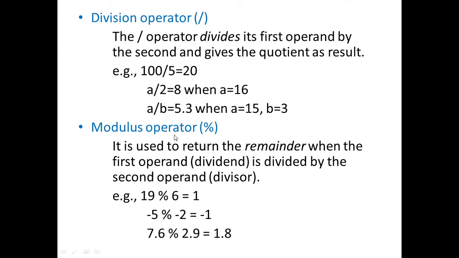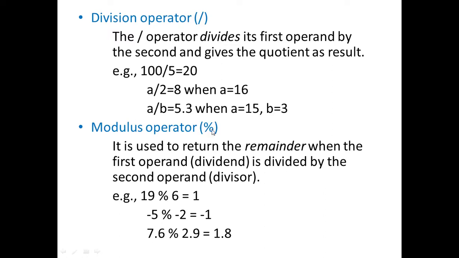And the new one, that I think you don't know about, the modulus operator. This modulus operator is used to return the remainder when the first operand is divided by the second operand.